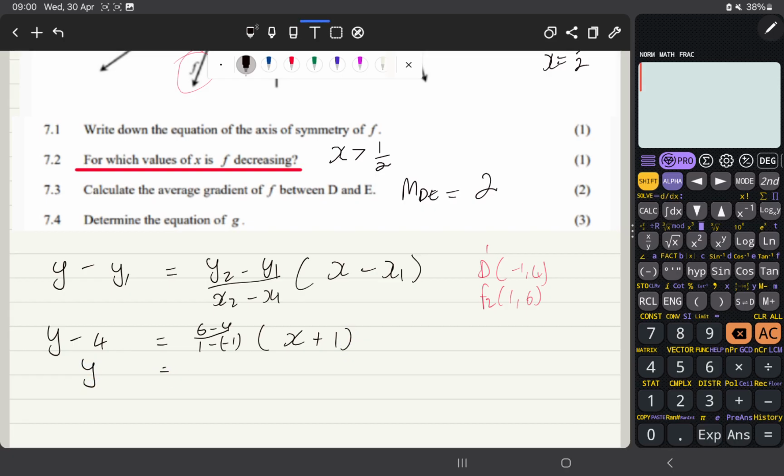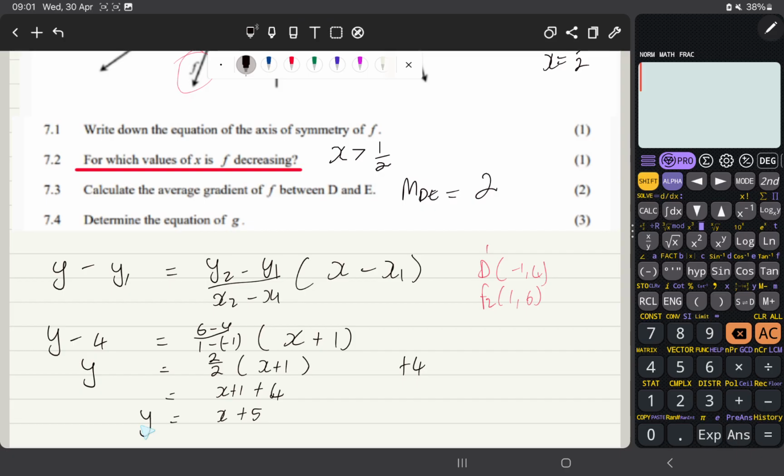I can just say y and transpose already. I can say plus 4. Then here I have 6. I'm going to have 2 all over 2. And therefore I'm going to have x plus 1 plus 5 plus 4, and then it's going to be x plus 5.